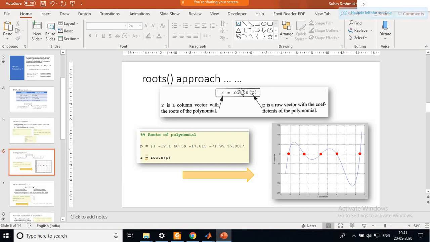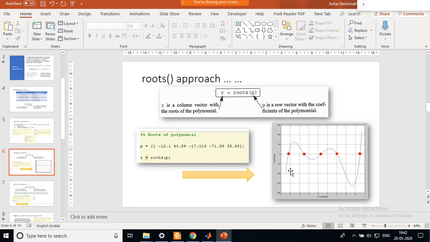So here we will now use roots as a function. This roots function will take in a polynomial and determine what roots it has. If I have only a first order equation, maybe a straight line, it will pass through the x-axis only once, meaning the value of the function is 0 only once in the linear equation.